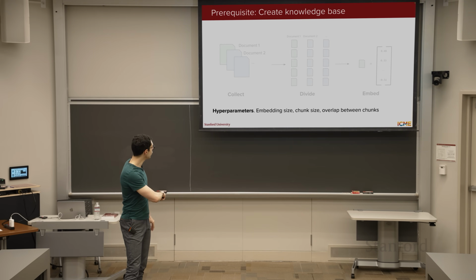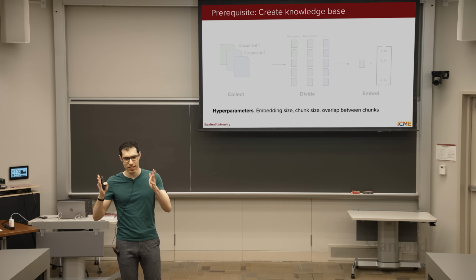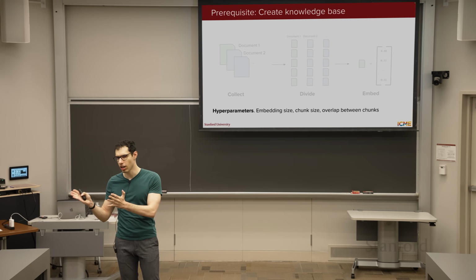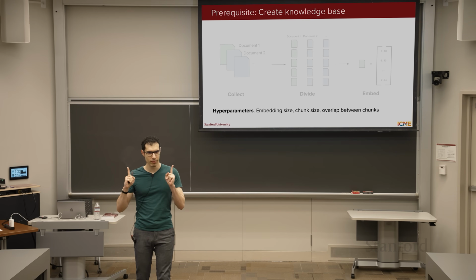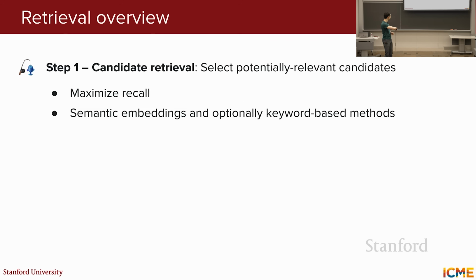Cool. So let's suppose you have your knowledge base. Now the question is, given a prompt, how can you retrieve relevant documents? The answer is that we typically proceed in two steps. I'm not sure if any of you has a background in recommendation systems or search.